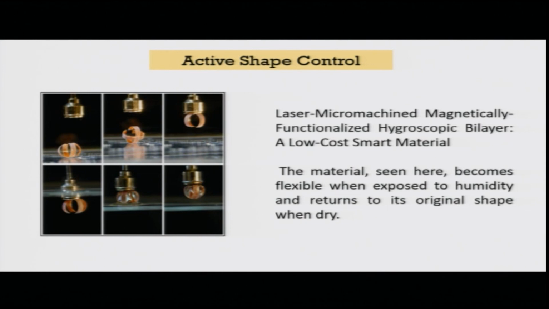Another very interesting application is in terms of active shape control, and that is done by developing laser micro machined and magnetically functionalized hygroscopic bilayers. It is something like a sellotape kind of thing, but you need to laser micro machine it to develop this kind of system, as you can see, and it is a very flexible actuator. Basically, it is an electroactive polymer in nature.